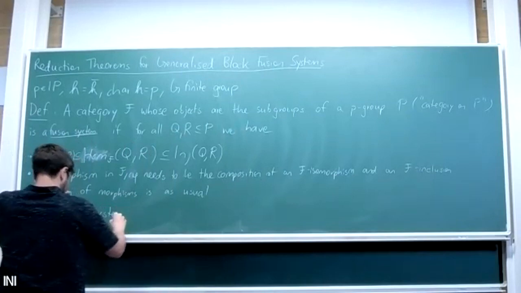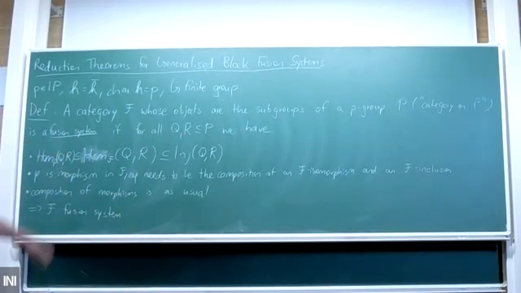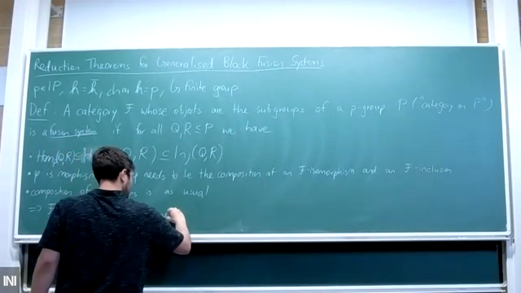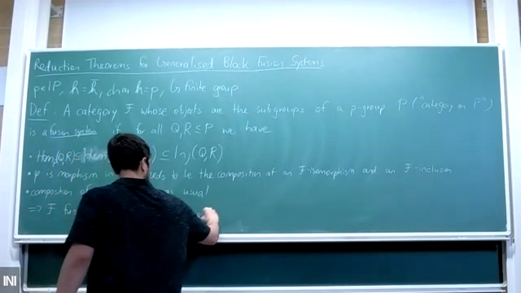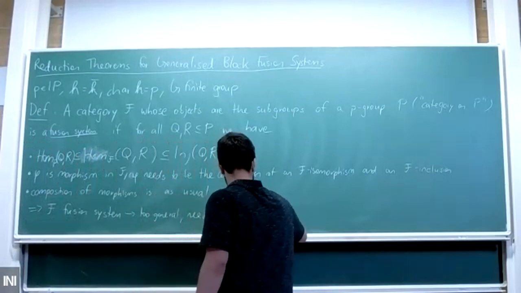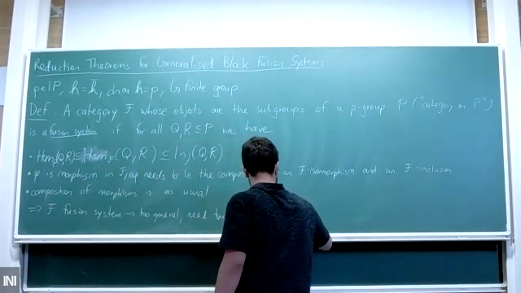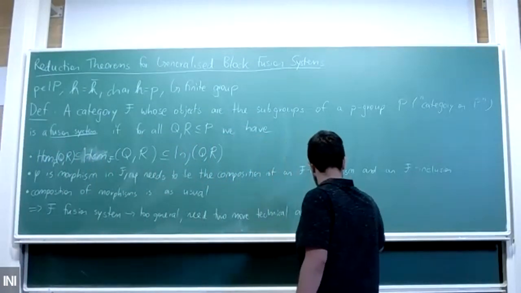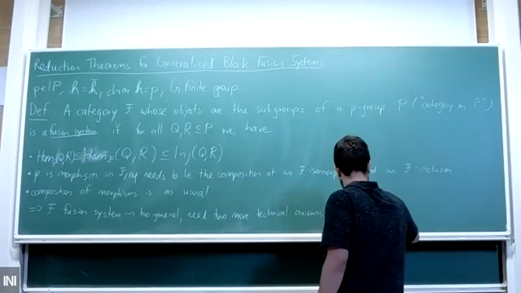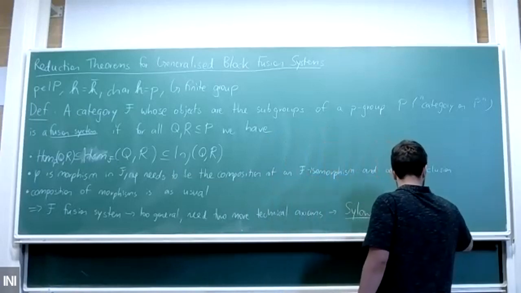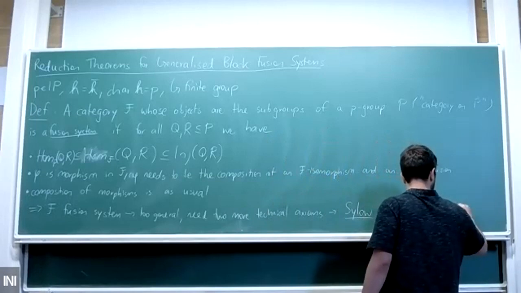but the categories we get like this are too general. We need two more technical axioms. I will not write them down, I'll just tell you their names. It's the Sylow and the extension axiom.